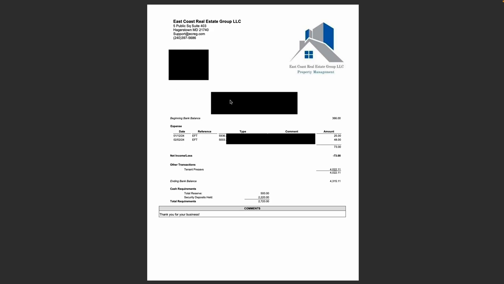I did block out their information, but I wanted to use this as a quick example for the video on tenant prepays. So in a nutshell, what tenant prepays are is we are holding money that we have placed in a prepayment account. It's not anyone's yet.